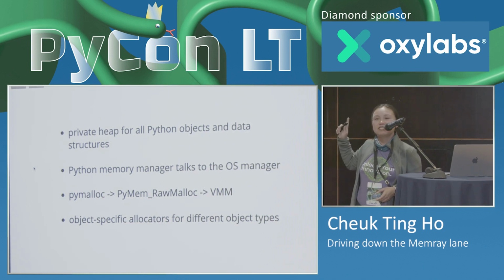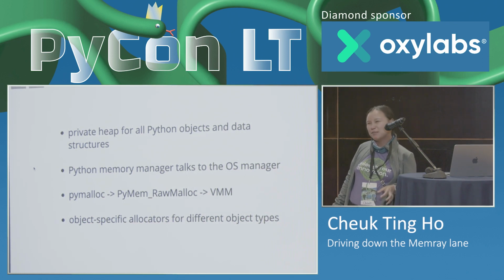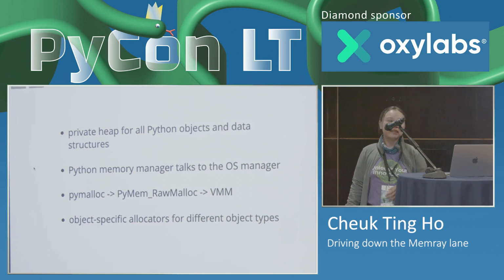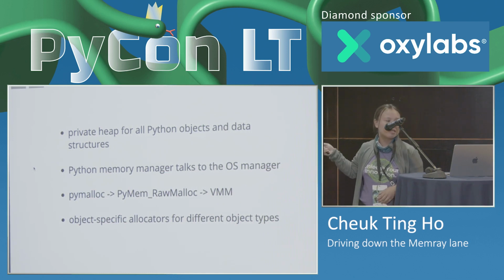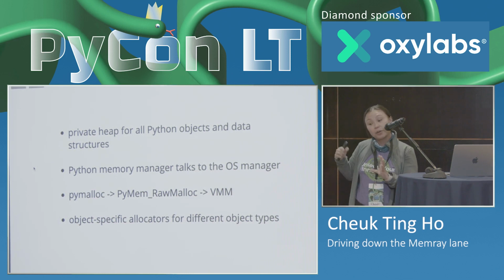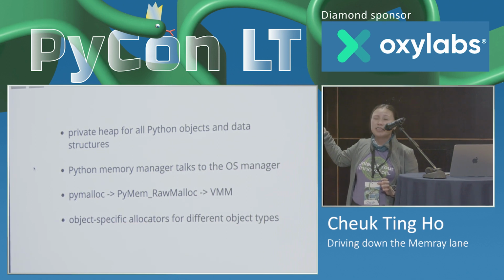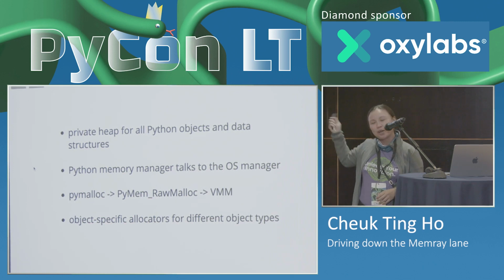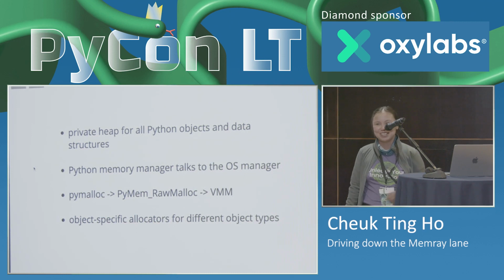In Python, there's this thing you may have heard about before, pymalloc, or sometimes you see people discussing it in forums. So what is it? It is one of the Python memory managers. There are multiple ones, but pymalloc is the one that handles all the small objects. It talks with another manager, whose name is super weird because it's in the C API, very deep, low-level Python, and that talks with your OS manager. So they're all communicating with each other.